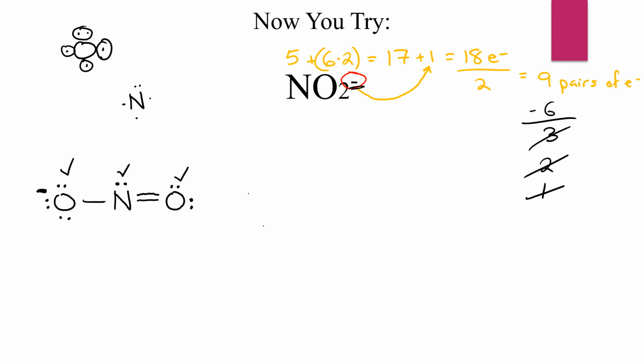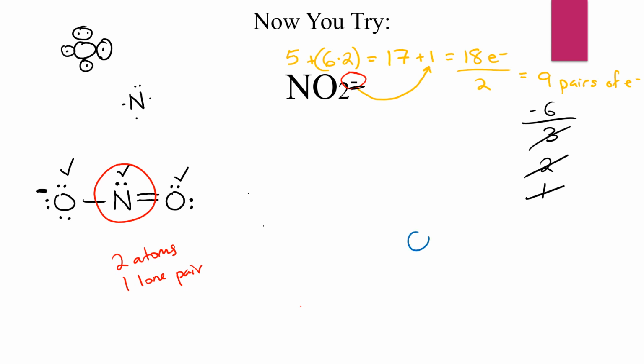We now analyze the central atom. It has 2 atoms and 1 lone pair. So based on that, we have the shape bent. So I'm going to draw that out.